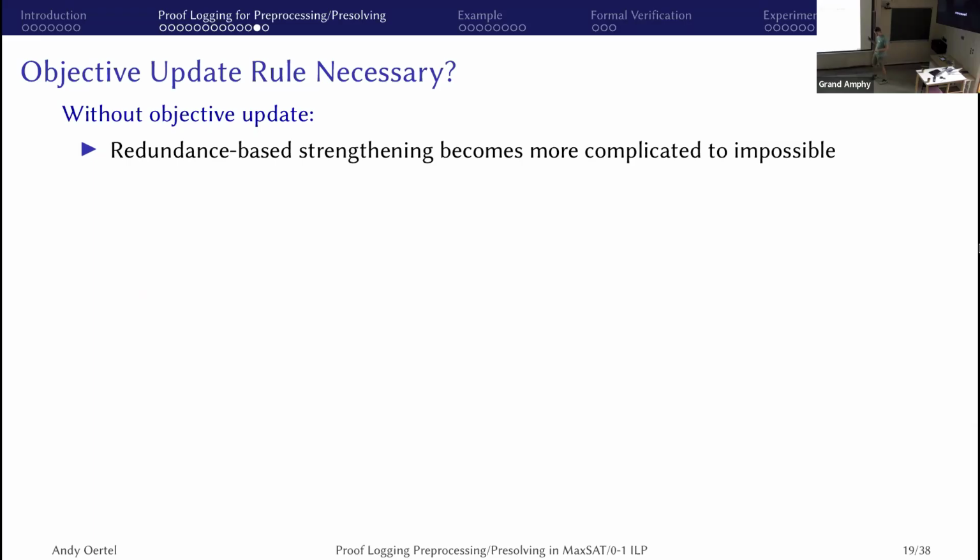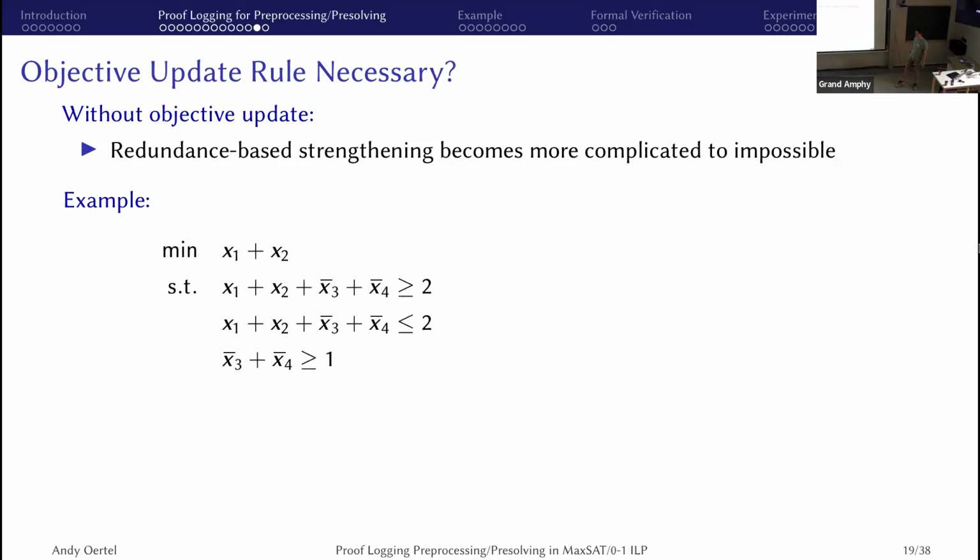But let's first see why we actually need this objective update rule. Why do we even need to bother about changing objectives? The reason is that the redundance-based strengthening steps, and especially the witnessing, or these substitutions, become extremely complicated and up to impossible.